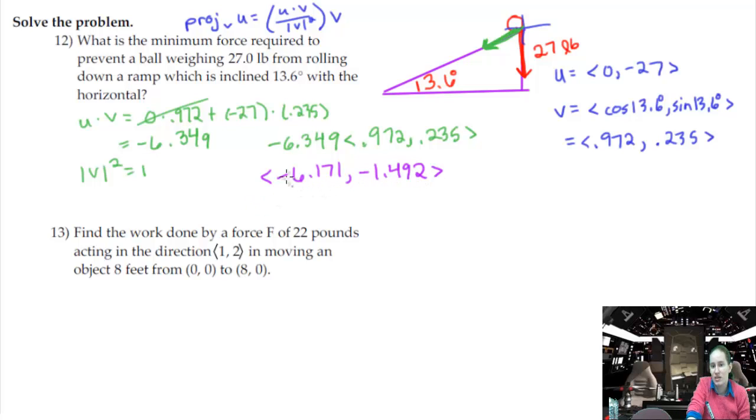And that gives us the vector in that direction along the hill, but we actually are going to want the magnitude, because when we talk about force, we generally are interested in the actual magnitude.